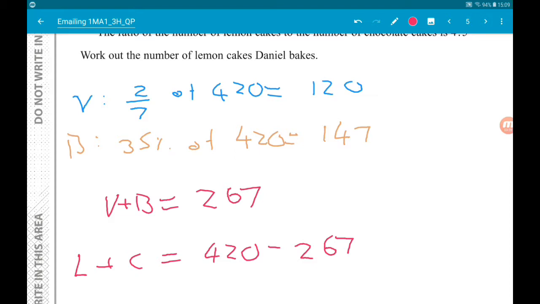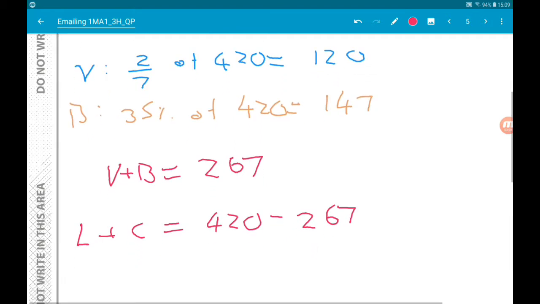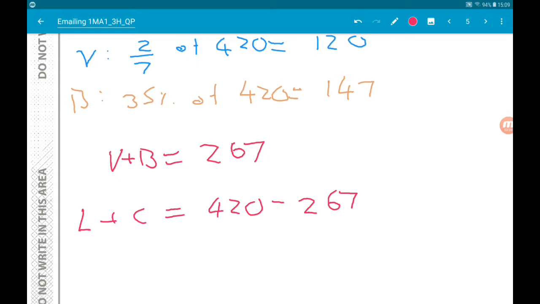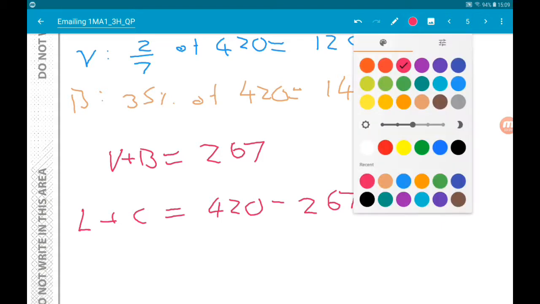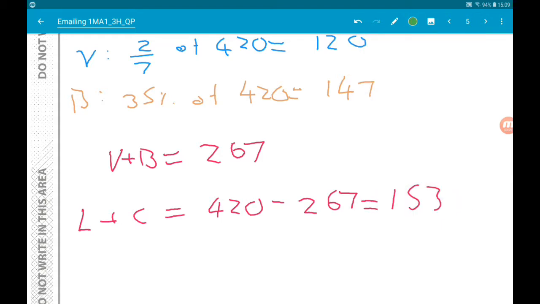So that's 153. Okay, so now we know then there are 153 altogether lemon cakes and chocolate cakes.